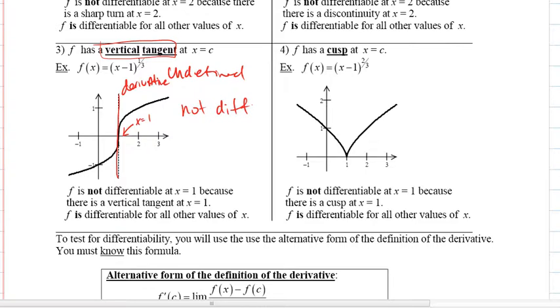Example number 4, we have a cusp. A cusp is when two curves meet at a point that creates a sharp point. So notice, I have a curvy part here from the left, a curvy part from the right, and they both meet up in a sharp point. So we all know that sharp points mean not differentiable.